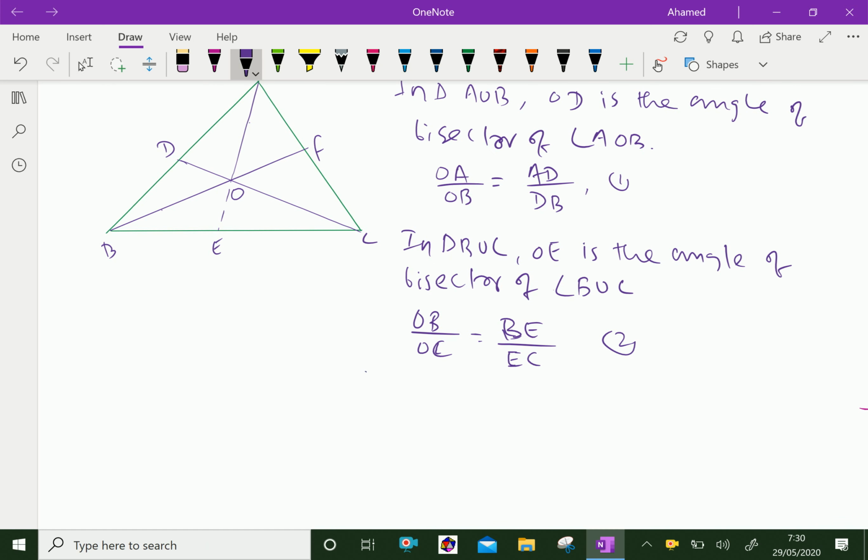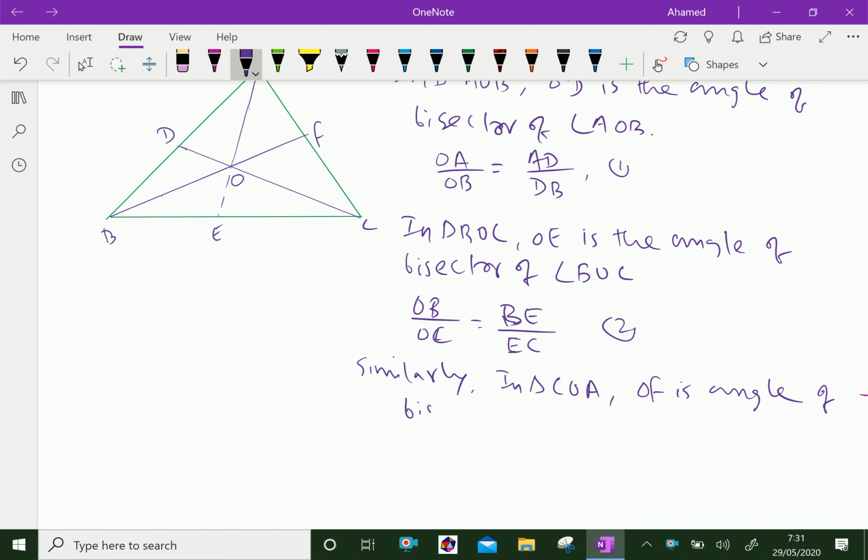Similarly in triangle COA, OF is the angle bisector of angle COA.